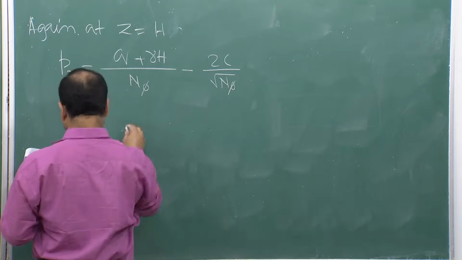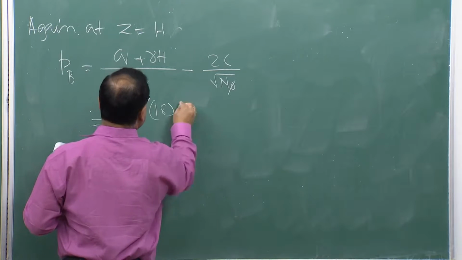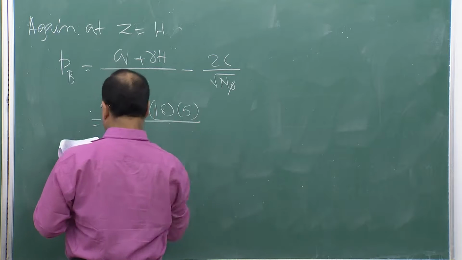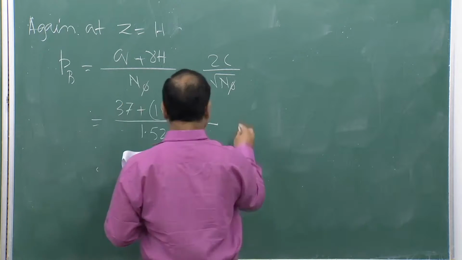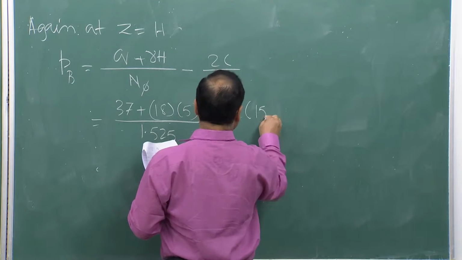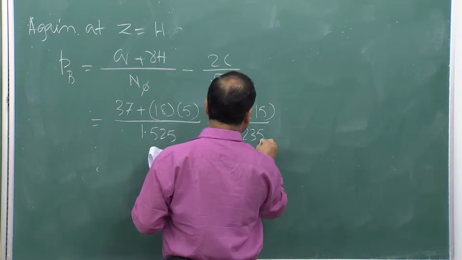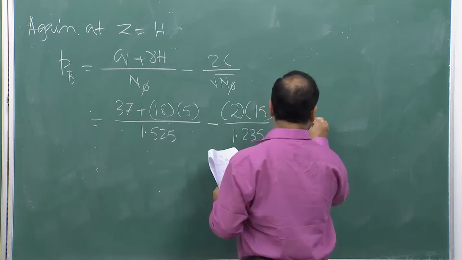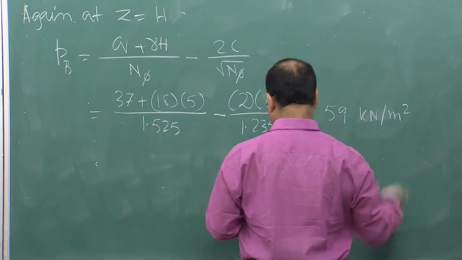By putting all the values, 37 plus 18 into 5 divided by 1.525 minus 2 into 15 by 1.235, which gives me 59 kilonewton per meter square.